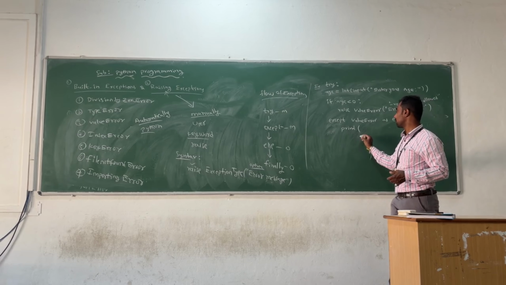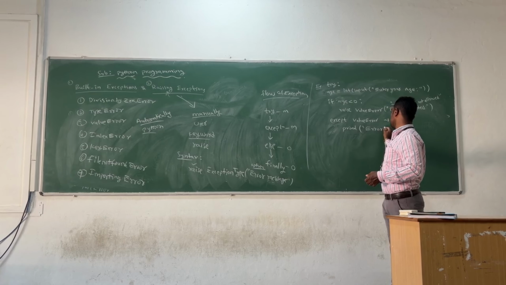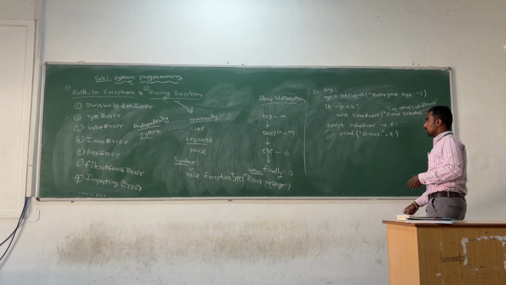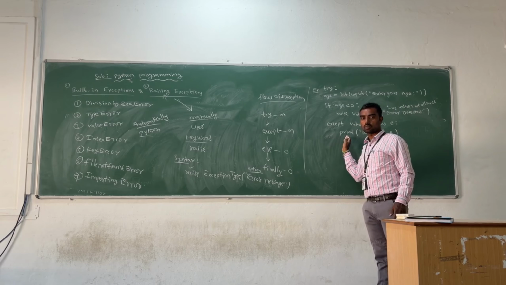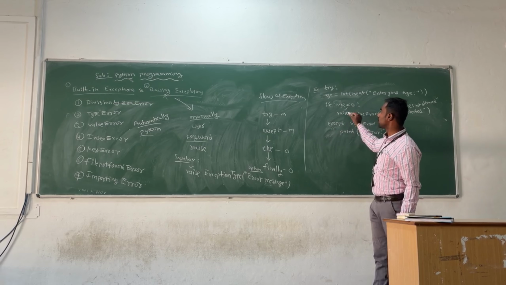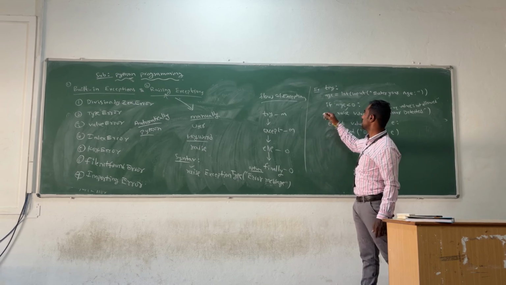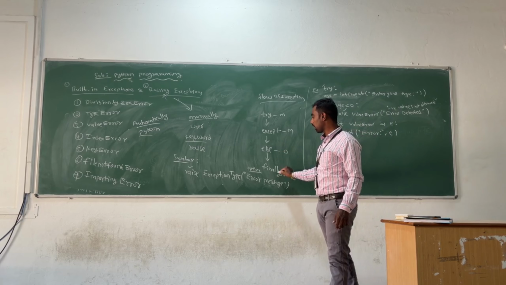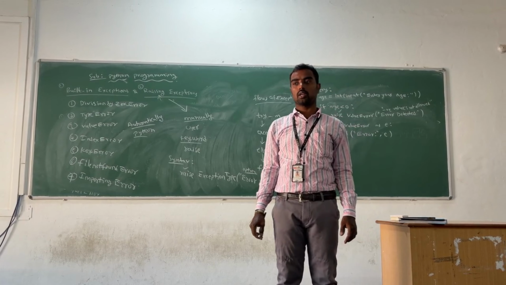Print error, E. The actual error is stored in E, so that error can be displayed on the output by using the print message. Like this, we can raise the error by using the keyword raise, and also handle the exceptions by using try and except, and in a similar way else block and finally block. I think you understand. Thank you.